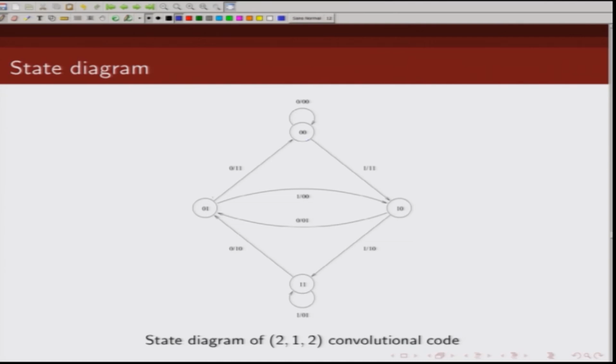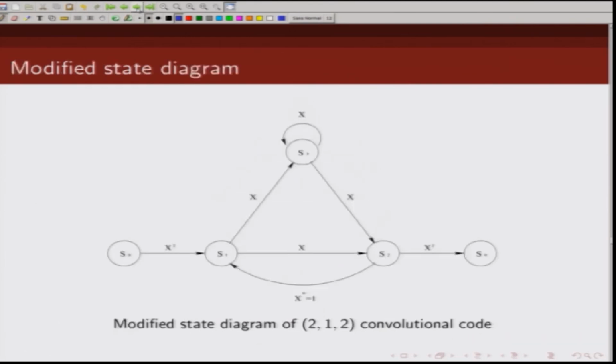Next, we have to label all these branches by weight of the output bit. So, this will be x squared, this will be x^0 which is 1, this will be x, this will be x squared, this will be x, this will be x, this will be x.